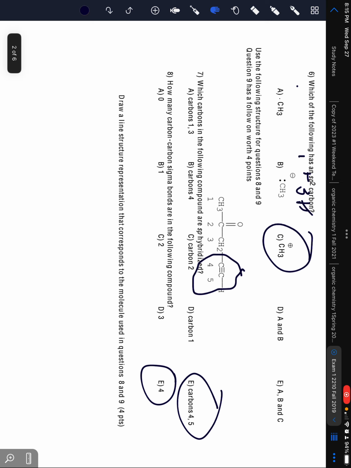Here we go. And I'm going to start on the back end. 1, 2, 3. I have a carbon coming out. That's carbon 3. Then the double bond O. This was also to make sure that you guys understood alkynes are linear, because people do some crazy stuff.